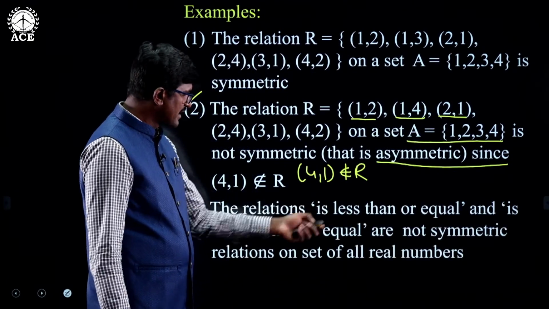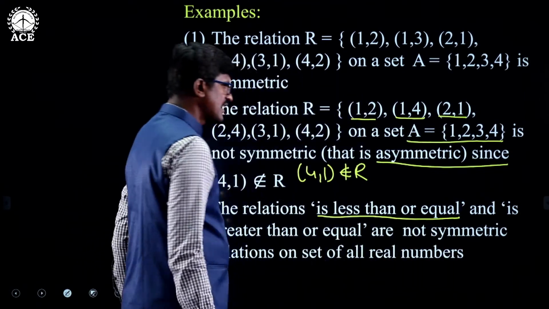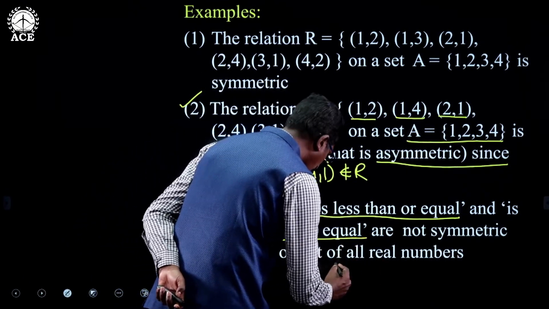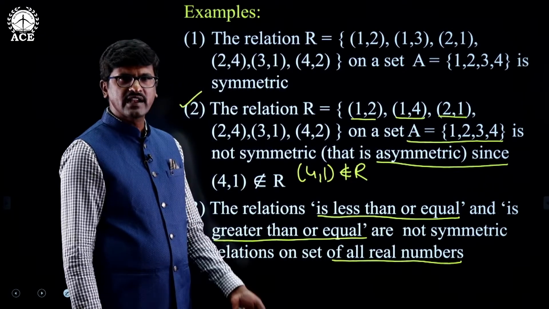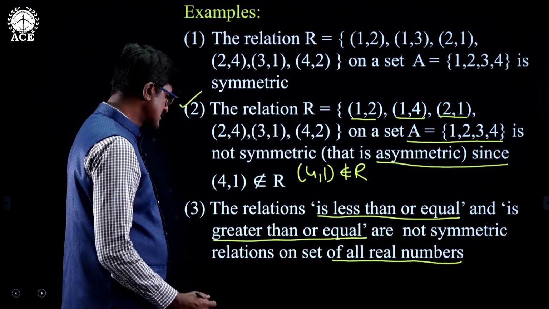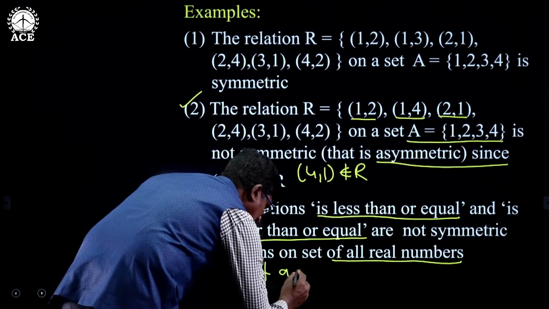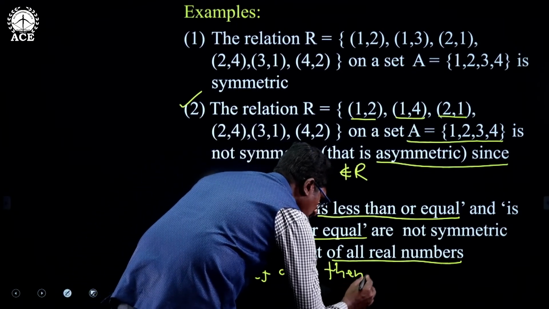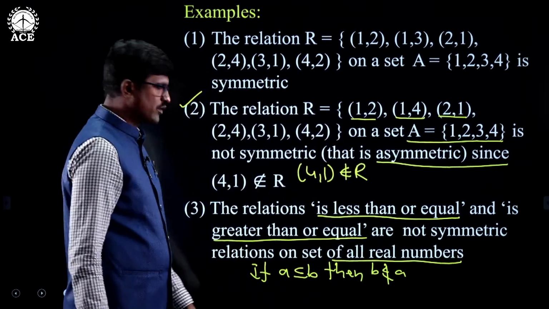Now we'll take some general relations. Is less than or equal to, and is greater than or equal to, on the set of all real numbers. If you take is less than or equal to and is greater than or equal to, both of them are not symmetric relations. The reason is that if a is less than or equal to b, then b will not in general be less than or equal to a.